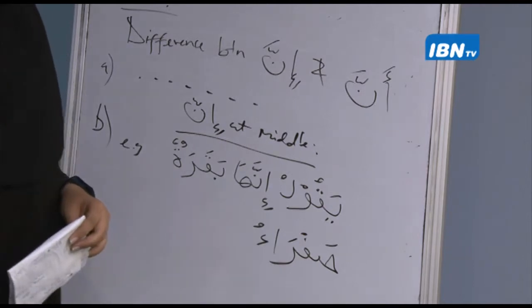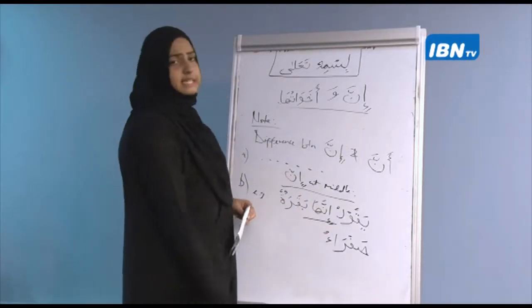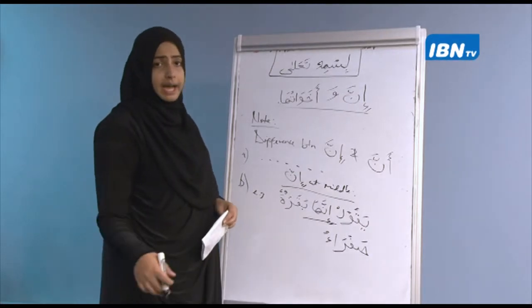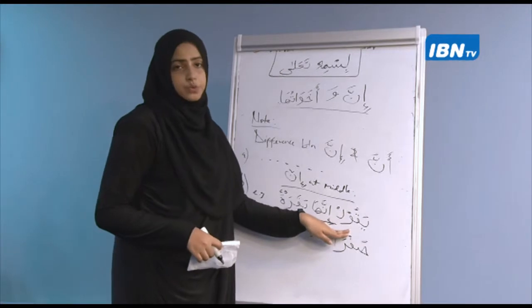Now we said inna mostly appears at the beginning, but in this case it will appear at the middle. Why? Because it comes after a word that has root letters.